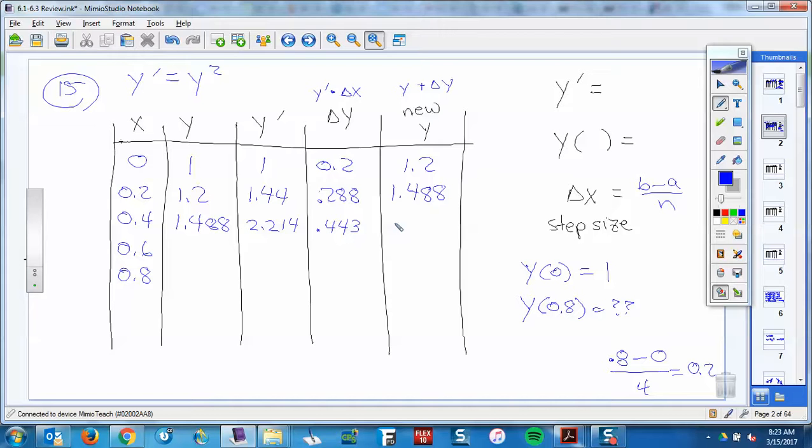Okay, what do you got now? 1.931. Then what's here? 3.728. And 0.746.